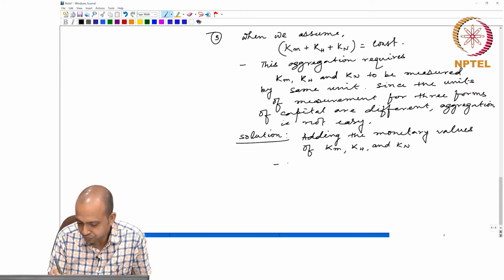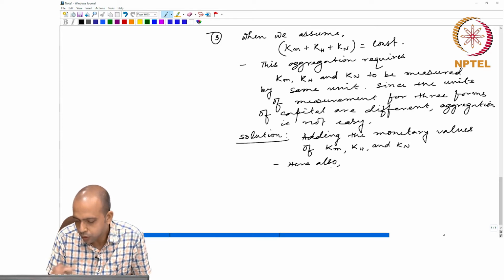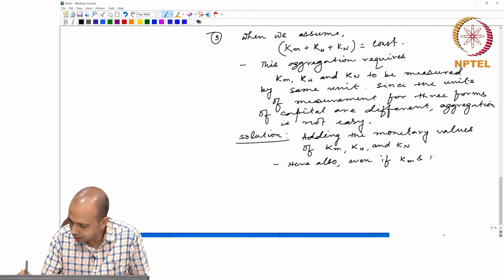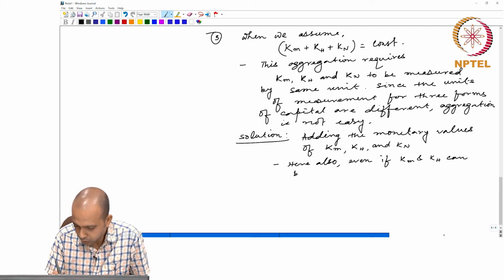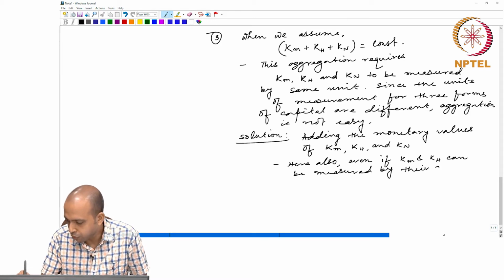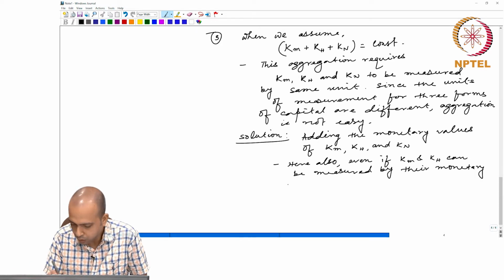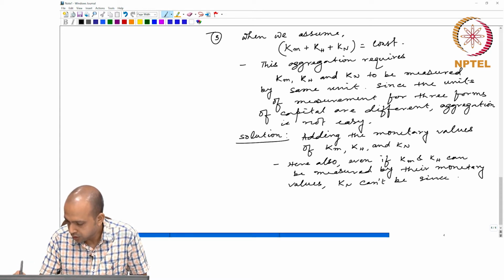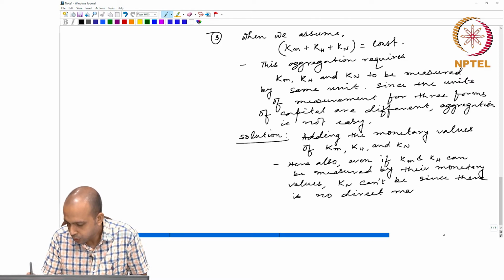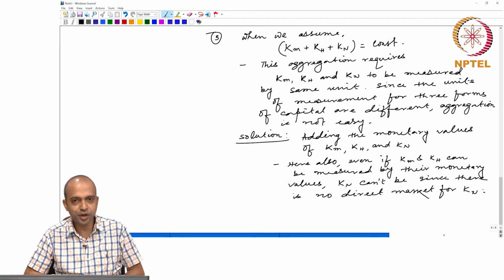So, that means here also, even if Km and Kh can be measured by their monetary value, Kn cannot be, since there is no direct market for Kn. There is no direct market for most of the environmental goods and services.